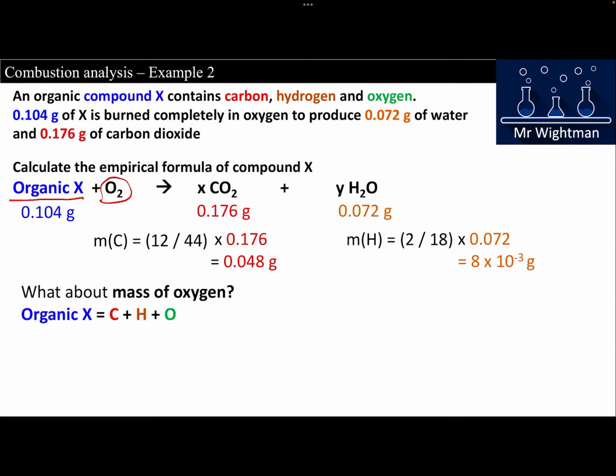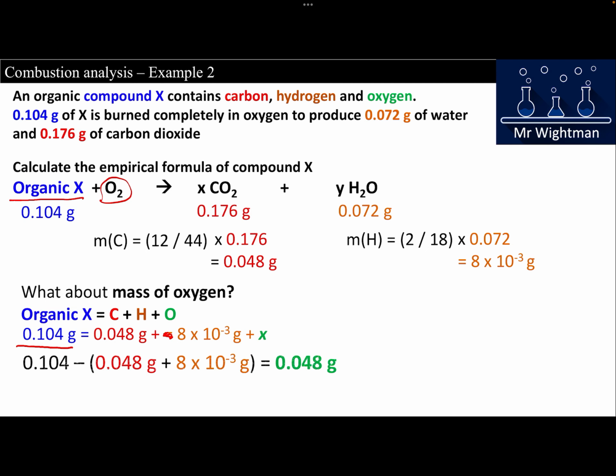So what we need to do is work out the mass of carbon and hydrogen first. And so if we know our organic compound X has a mass of 0.104 grams, and the mass of carbon and the mass of hydrogen are those, plus 8 times 10 to the minus 3 grams, then rearranging to find X will give us the value of X, in this case being 0.048.